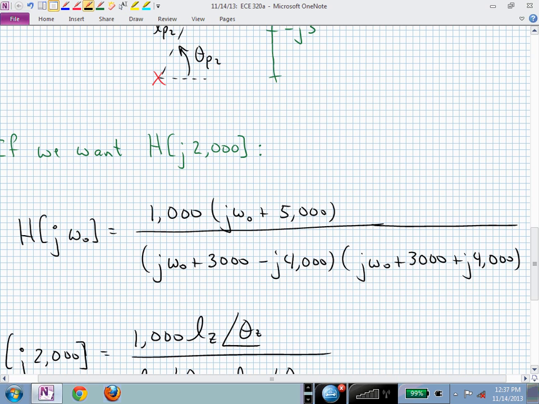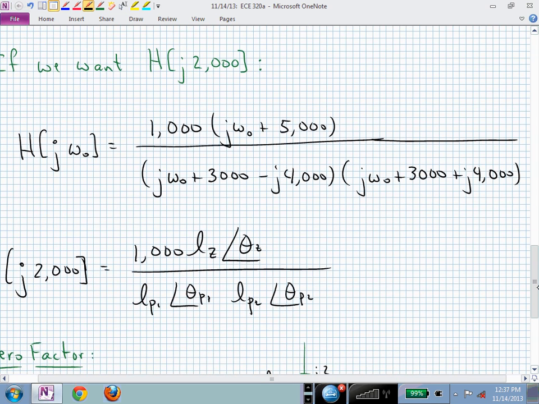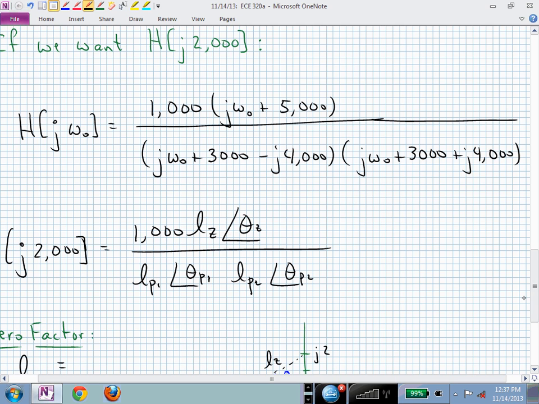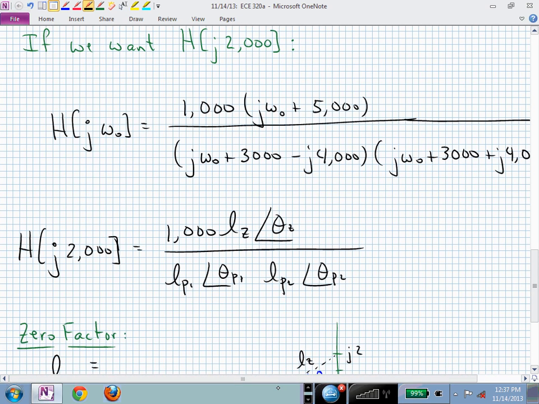So here we have too many cords and wires. This is what we want to do. We want to calculate L sub z. That's just, again, the Pythagorean theorem. L sub p1 and L sub p2 for the zero factor and the two different pole factors.